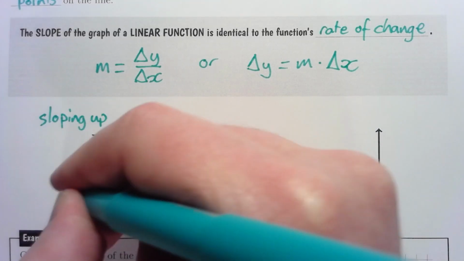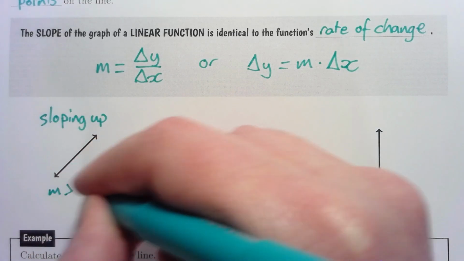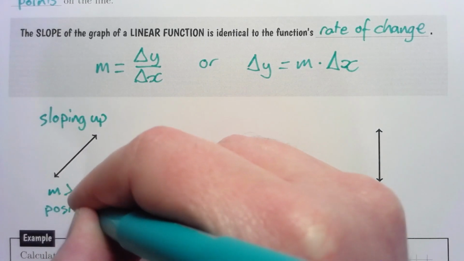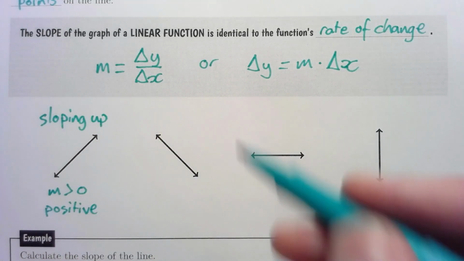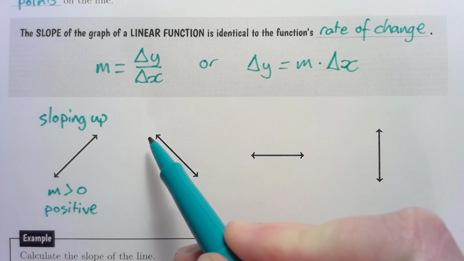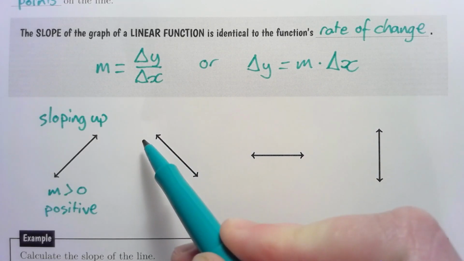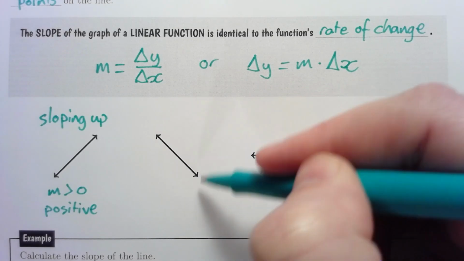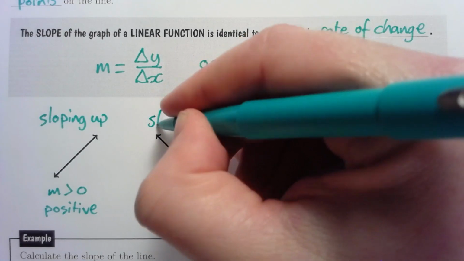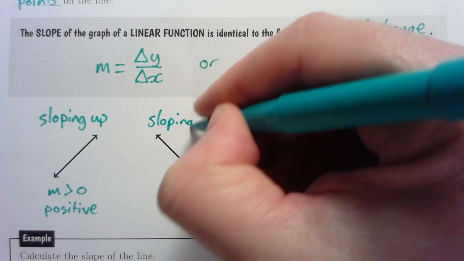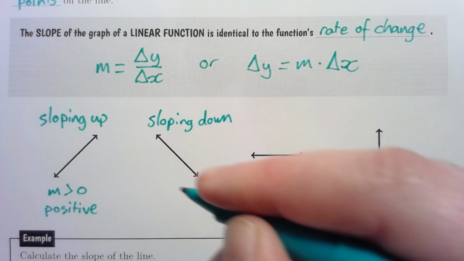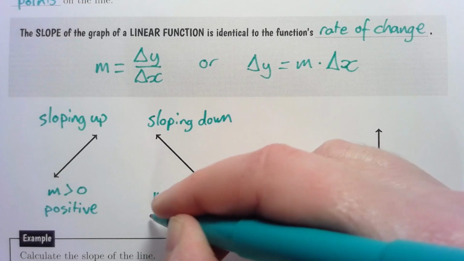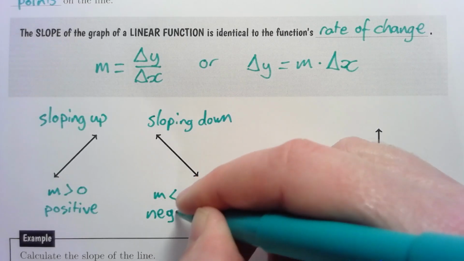So this is up, which means our rate of change, or our slope, is greater than 0, or it's positive. If it's going the other way, as our input is increasing, as our horizontal position increases, our vertical position is going down, it's decreasing. So we would say that this is sloping down, and we would say that our slope, or our rate of change, is less than 0. It's negative.